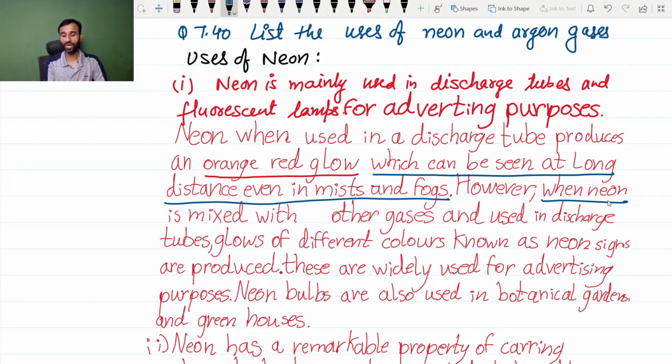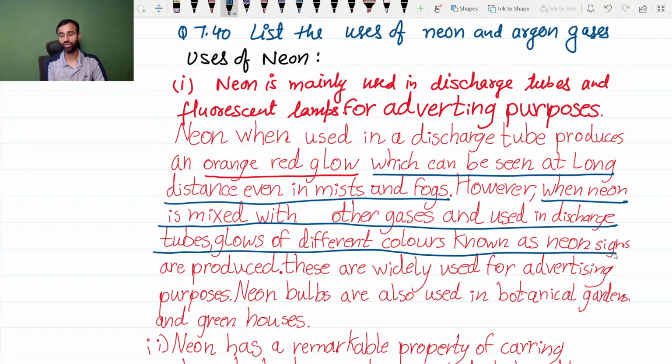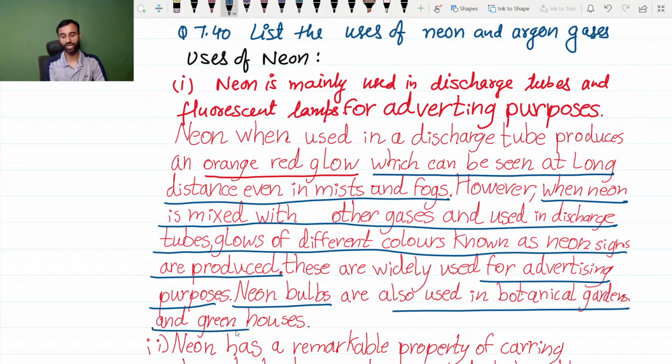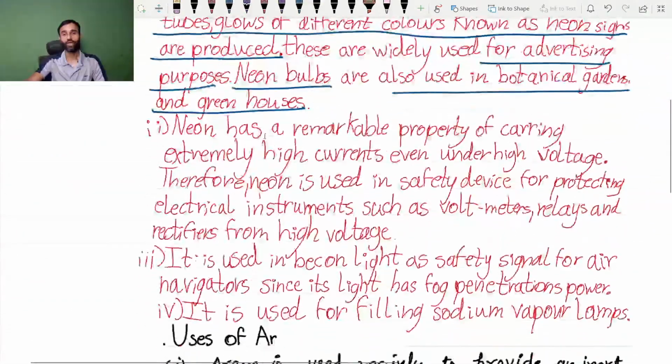However, when neon is mixed with other gases and used in discharge tubes, different colors known as neon signs are produced. And these are widely used for advertising purposes, and neon bulbs are also used in botanical gardens and even greenhouses. Neon has a remarkable property of carrying extremely high currents even under high voltage.